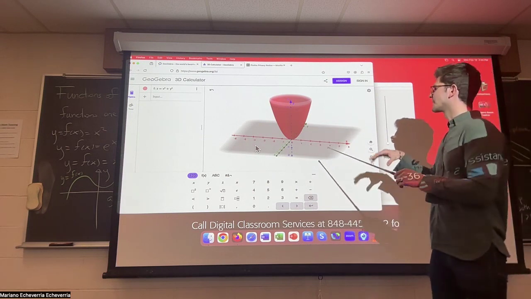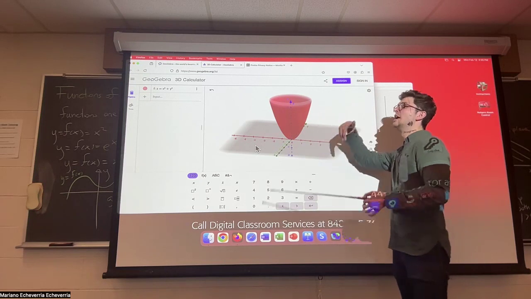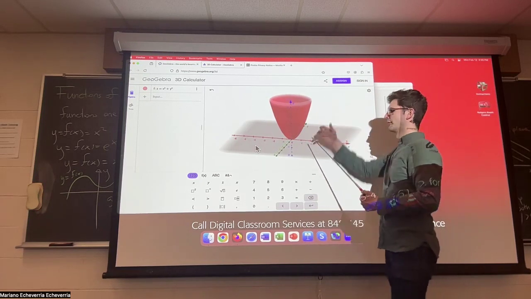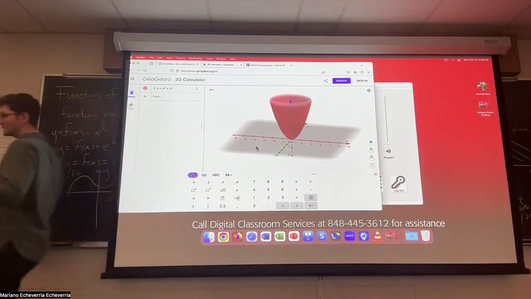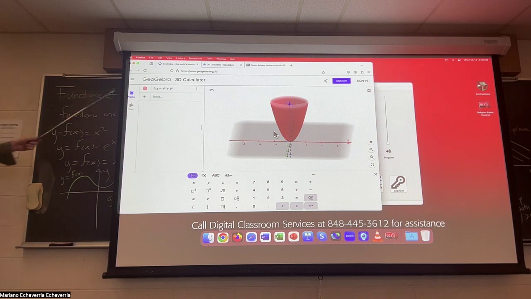The important thing is that when you think about the graph, you're thinking not just about the input, but also the output, the values that the function can take. The thing to notice here is this shape, this surface, which exists in all quadrants, because this expression is defined for any values of x and y.